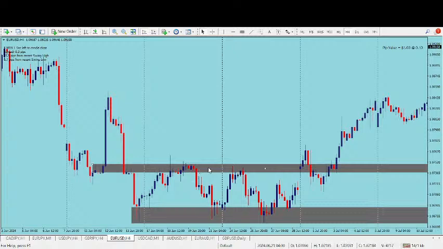So on this area now, we have found what we call, just hold on a little, let me remember what it's called, because in this particular area now, both the buyers and the sellers are equal. Nobody is winning. It is called a ranging market.